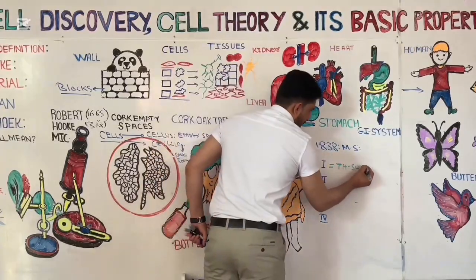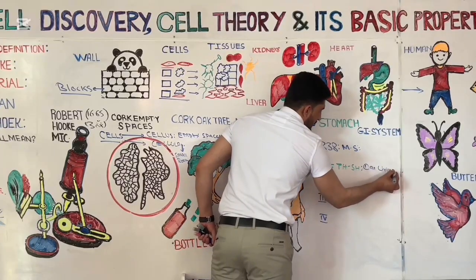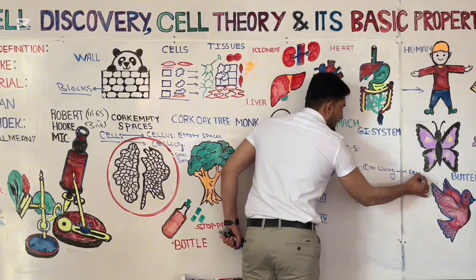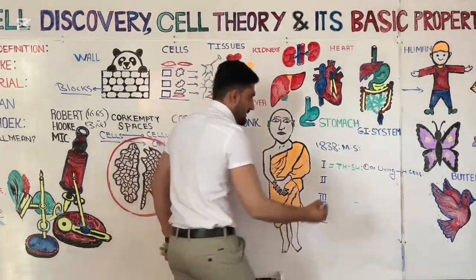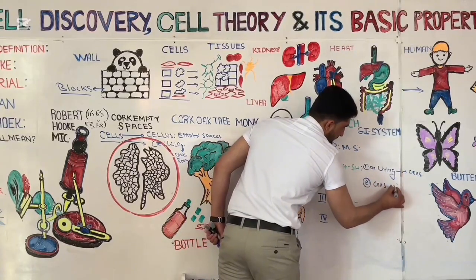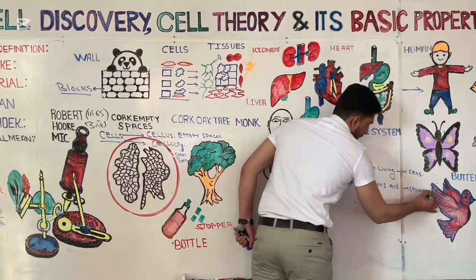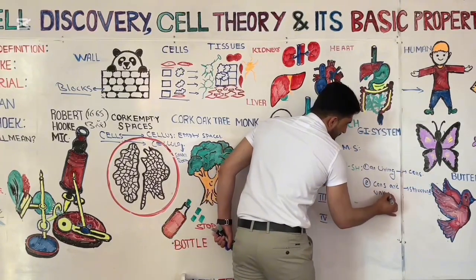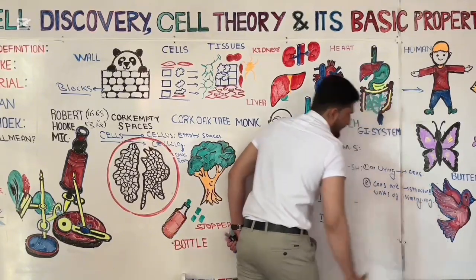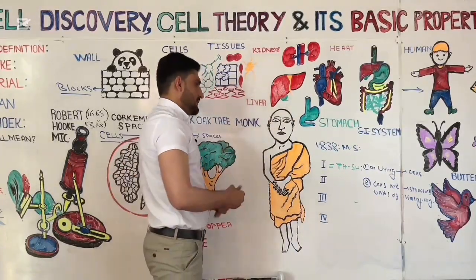He said that number one, all living organisms are made of cells. And secondly, he said that cells are basic structural units of living organisms. Got it?